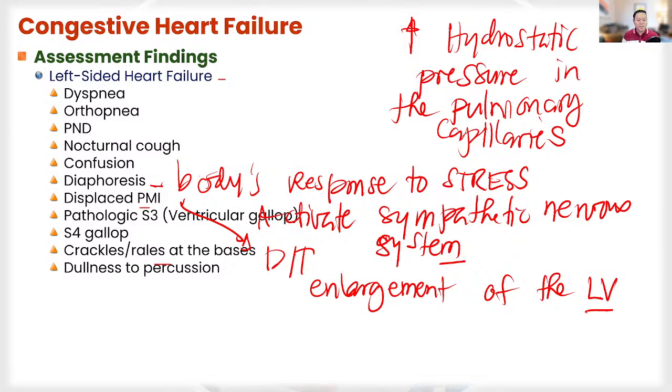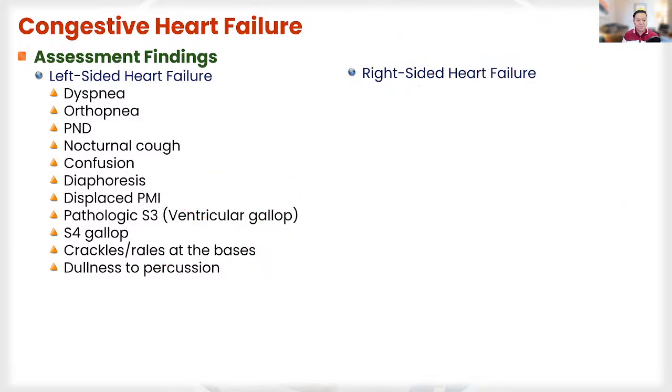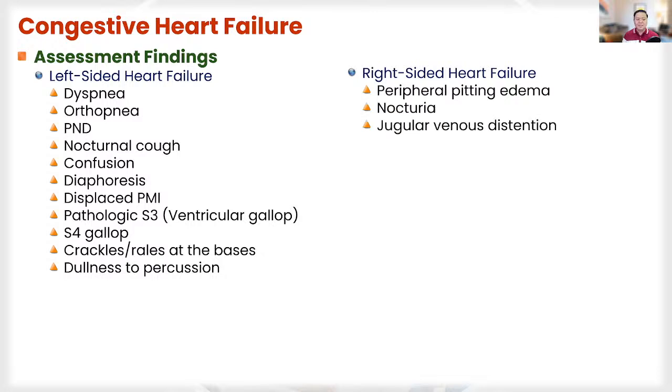Now, we're talking this time about right-sided heart failure. Just to recap, the right-sided heart failure manifestations will include the peripheral pitting edema, nocturia, the jugular venous distension, and possibly the hepatomegaly or the hepatojugular reflux.